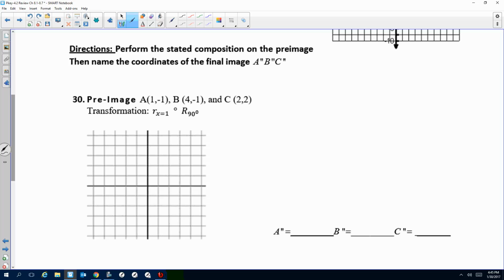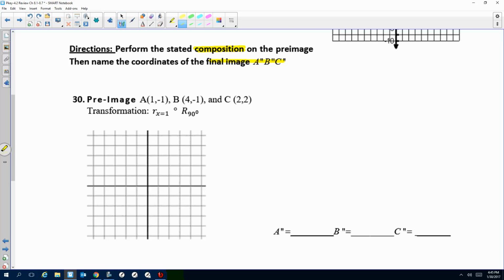We have a composite transformation. Okay? Key word here is composite. Name the coordinate of the final image. This is the double prime. Whenever you have a composition of a pre-image and we're going to do the final image, two things.